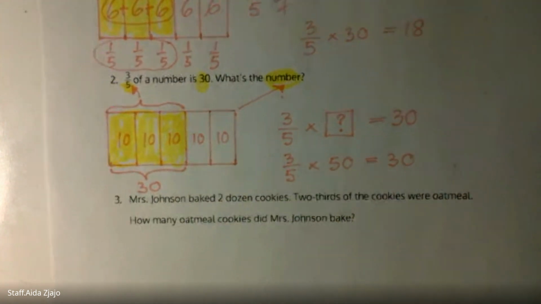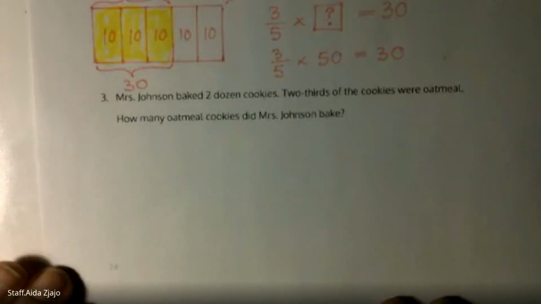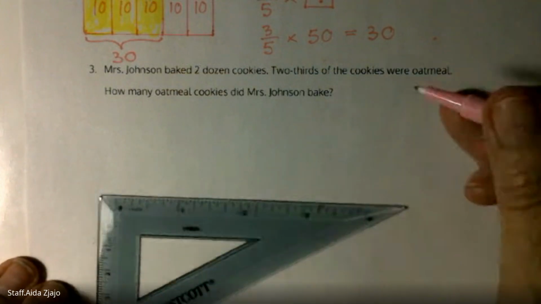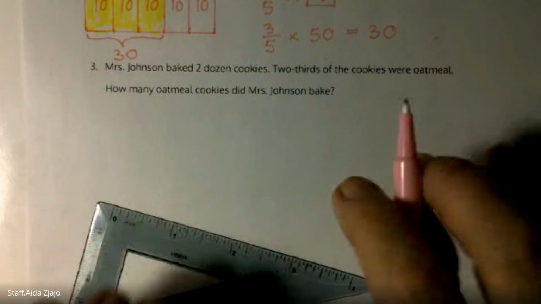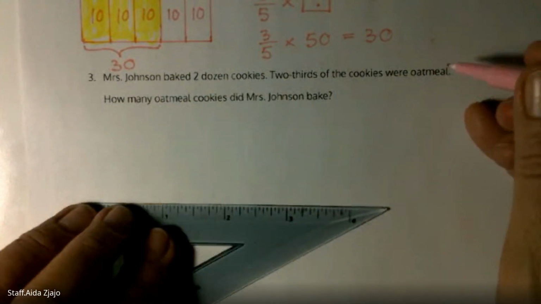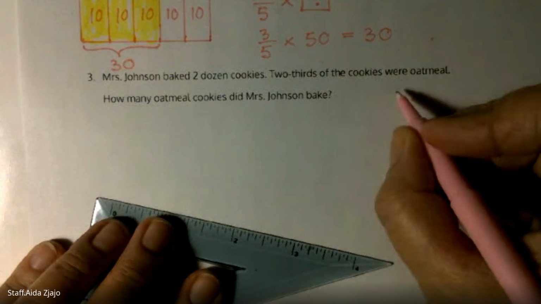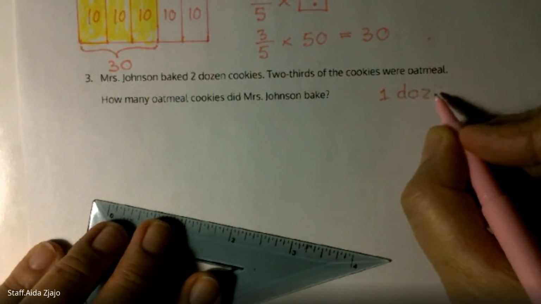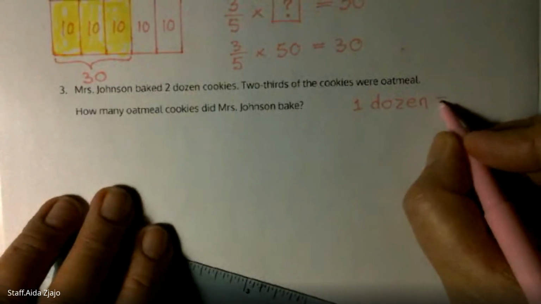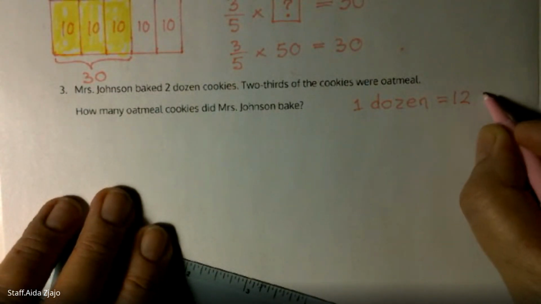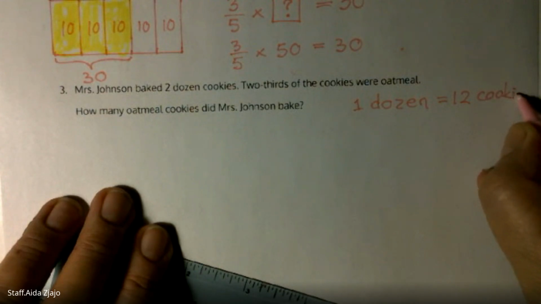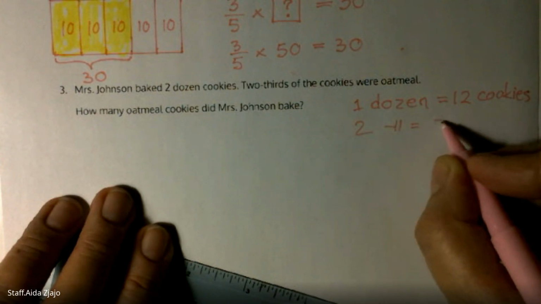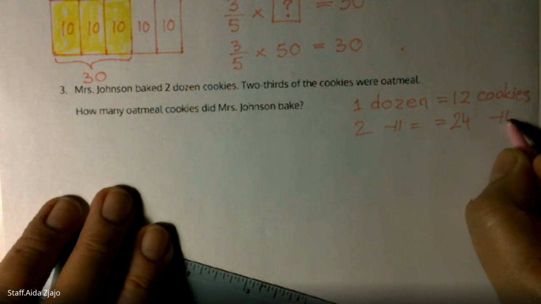If we look at that mathematically, a dozen is 12, so 1 dozen equals 12 cookies, and 2 dozen automatically will be 24 cookies.